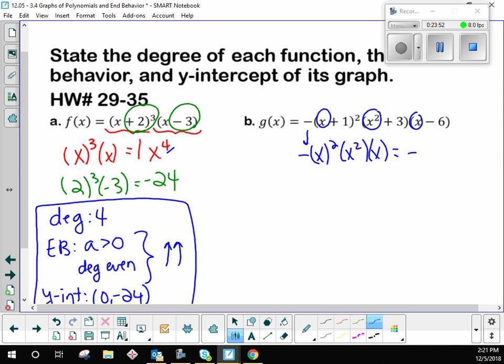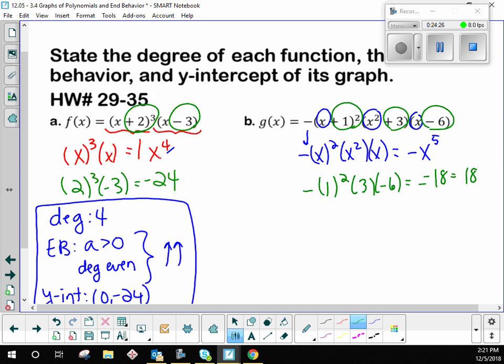So that's a negative x squared times x times x to the 1, negative x to the 5th. And then we multiply the last terms together. So that's 1 squared, and don't forget to bring that negative down out front. 1 squared times 3 times negative 6. So that's negative 18, which is a positive 18.